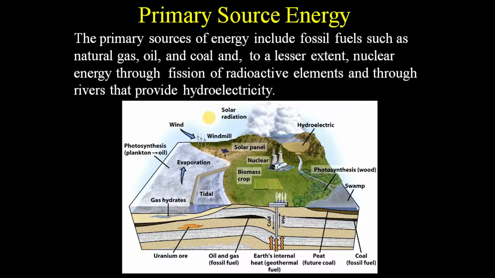As we discussed in previous classes, the Earth can be divided into 4 spheres. These spheres are atmosphere, hydrosphere, biosphere, and lithosphere. As you can see here, the atmosphere is associated with wind and solar energy. The hydrosphere is associated with hydroelectricity.